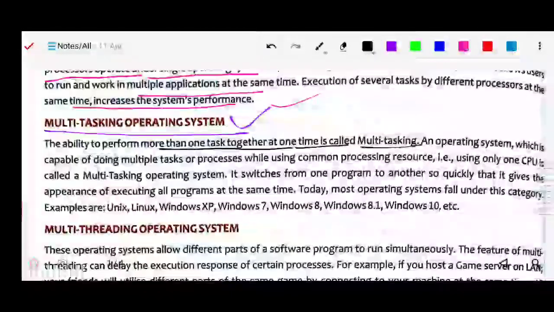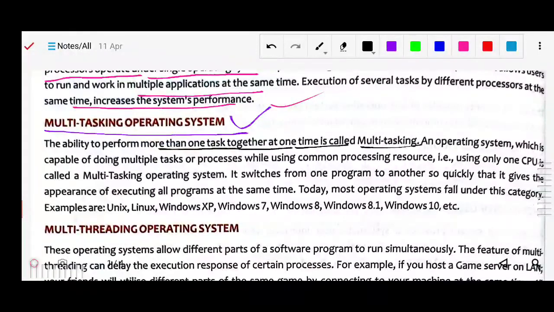An operating system which is capable of doing multiple tasks or processes while using a common processing resource, using only one CPU, is called a multitasking operating system. As I told you, many tasks you are doing: you have opened the mail, you are sending it, you are browsing, you are using Word. All these tasks are managed by one OS, which is called the multitasking operating system.